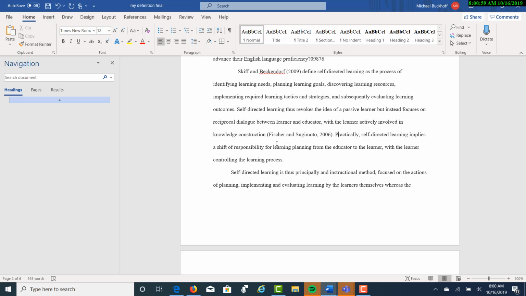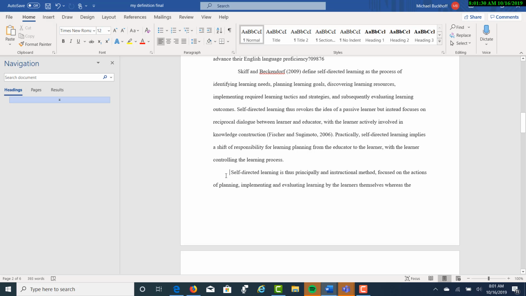Now, if you said Fisher and Sugimoto regard self-directed learning as revoking the idea, then that would be focusing, as a subject. But because Fisher and Sugimoto aren't really doing anything grammatically, it's better to put them in parentheses. So self-directed learning implies a shift of responsibility for learning planning from the educator to the learner. Right, so that would be a change I would make there.